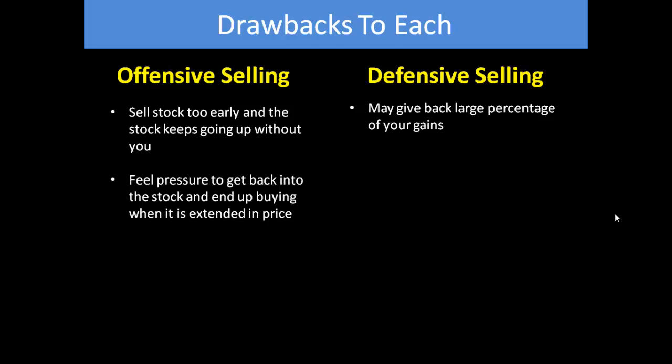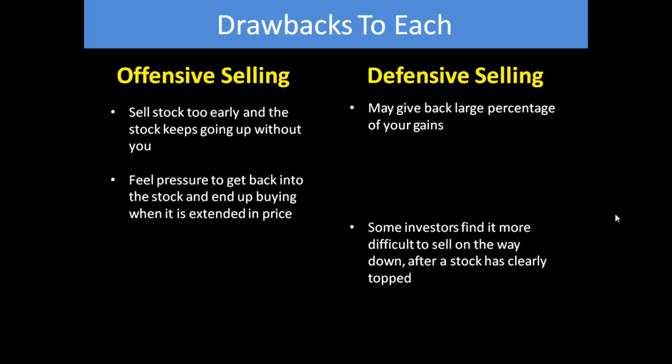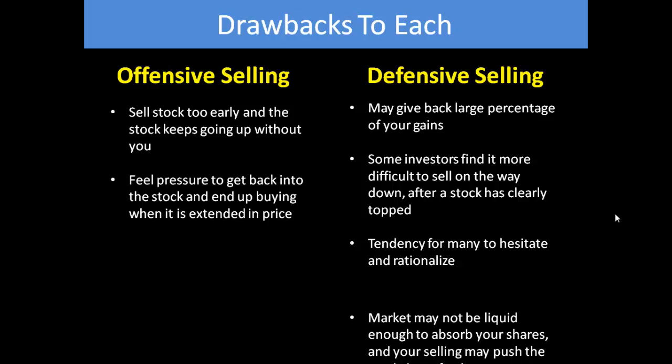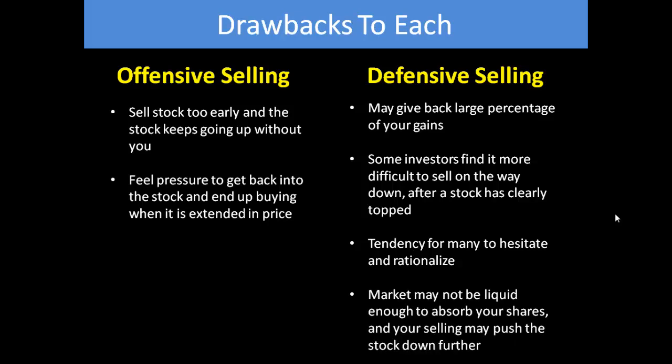The stock has gone up and now it's tumbling, and sometimes it's psychologically more difficult to cut or sell a stock after it's gone up and lost. You keep hoping it'll go back up just a little bit to where it was so you can sell. And there is that tendency to hesitate or rationalize. Another factor is the market, if there's a lot of selling going on, may not be liquid enough to absorb your shares, and your selling might push the stock further down.